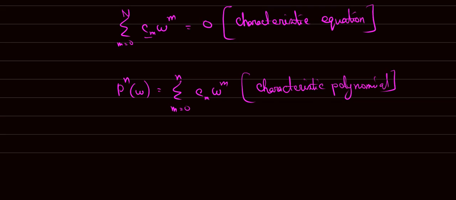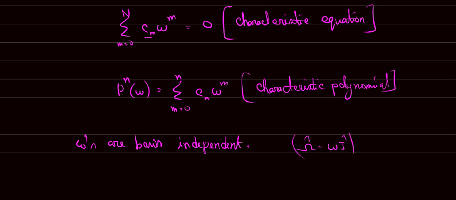So omegas are basis independent. It means no matter what basis we use, we will find the same omegas; the eigenvalues will always be the same, because from the characteristic equation we find this for any vector v.